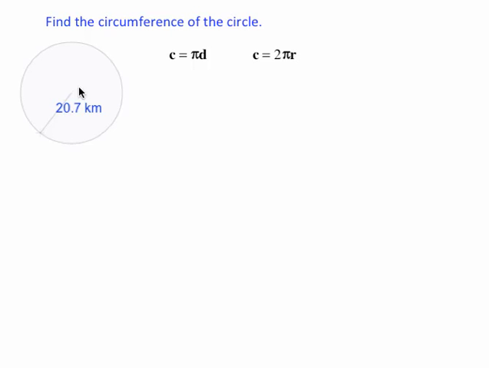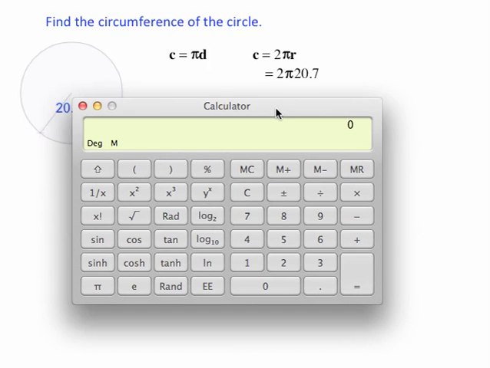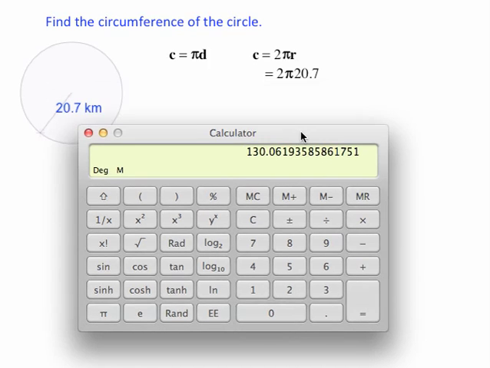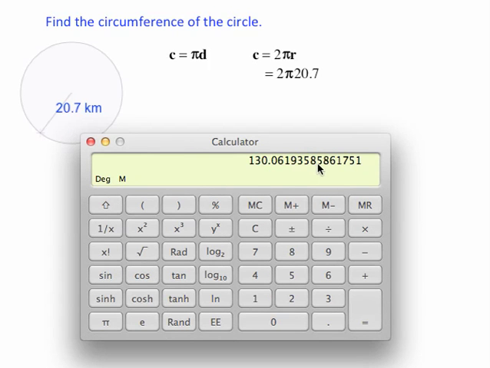Okay, because we're given the radius, I'm going to use this version of the formula. So circumference is 2 times pi times the radius, and that's 2 times pi times the radius, which is 20.7. Then I take my handy calculator, and so 2 times pi times 20.7 equals, okay, so 130.619358.